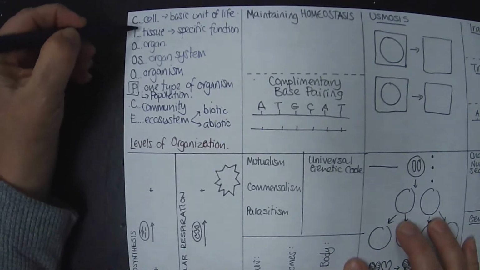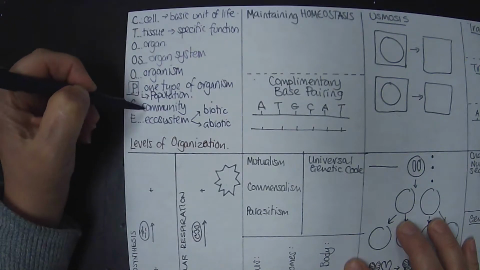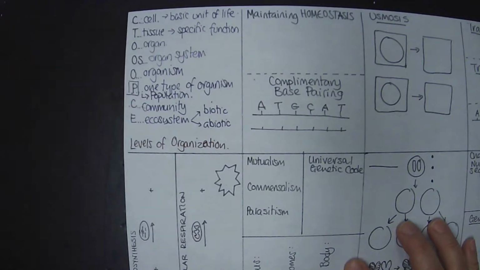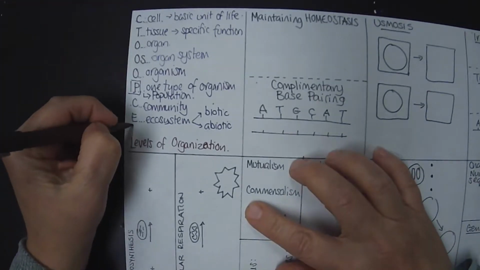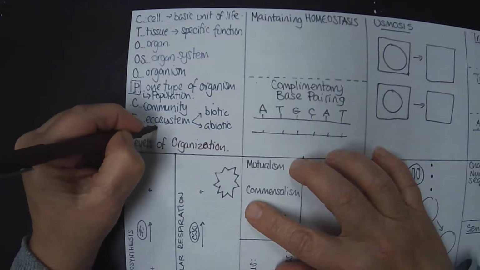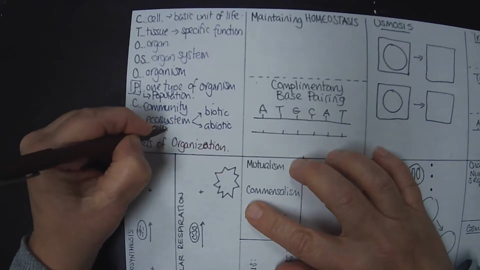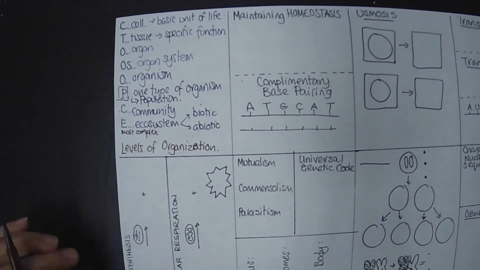You do need to know cell, tissue, organ, organ system, organism, population, community, and ecosystem. And they go from the simplest to the ecosystem, which is the most complex, because it's got the most different parts to it. It's got all the communities and all the non-living features.